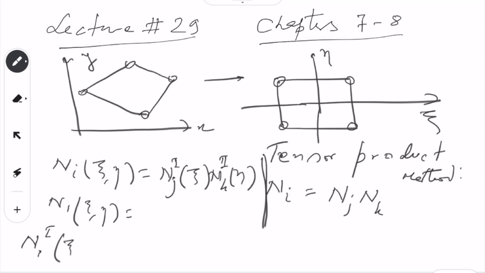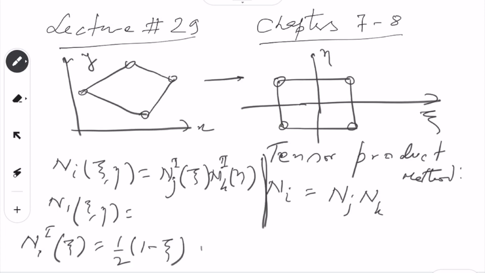as a function of xi will be 1 here and 0 there. So it is 1 minus xi, and we know that if you put xi equal to minus 1, it becomes 2, so we have to divide it by half.